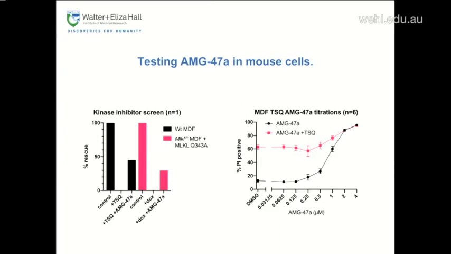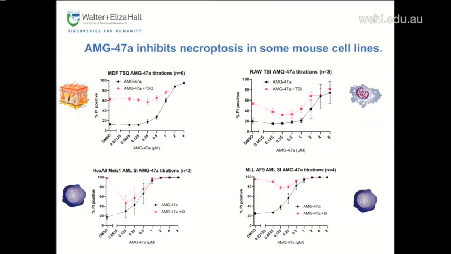Testing with PI, it didn't appear to have any protection from cell death. Because this was unexpected, we checked a number of different mouse cell lines and found some protection in RAW macrophages, and in some AMLs but not others. So it was a confusing story for the mouse.